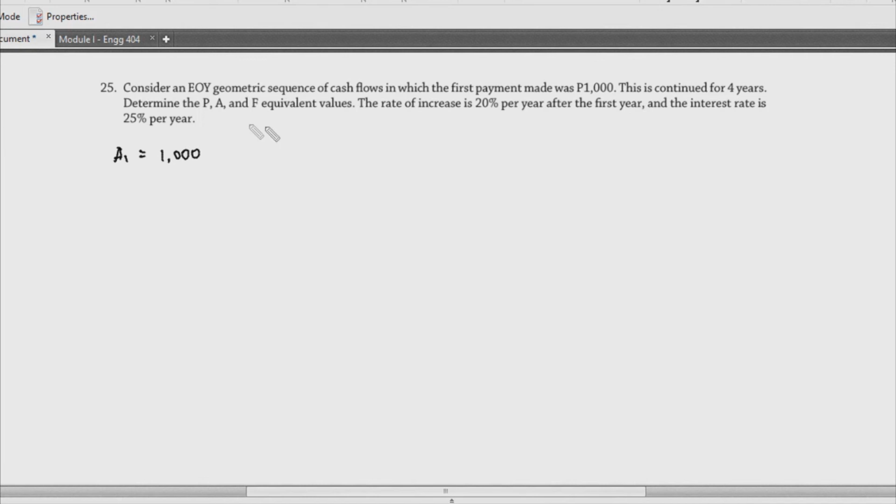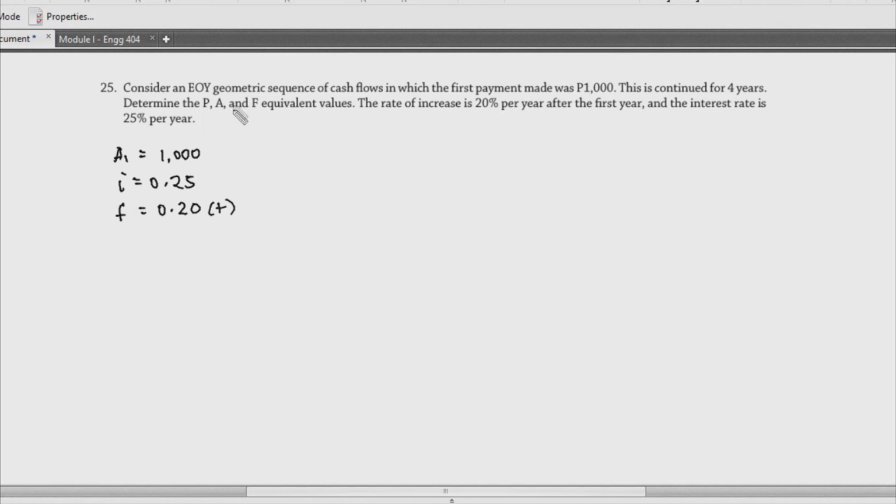The interest rate is 25% per year, so I is equal to 0.25, and our rate of increase, that is F, is equal to 0.20. Just remember, our F, since it is an increase, is positive. Whenever it becomes negative, you have to make sure you put a negative sign on your F, because it could be a decrease. Now, the question is to determine our P, A, and F equivalent values.